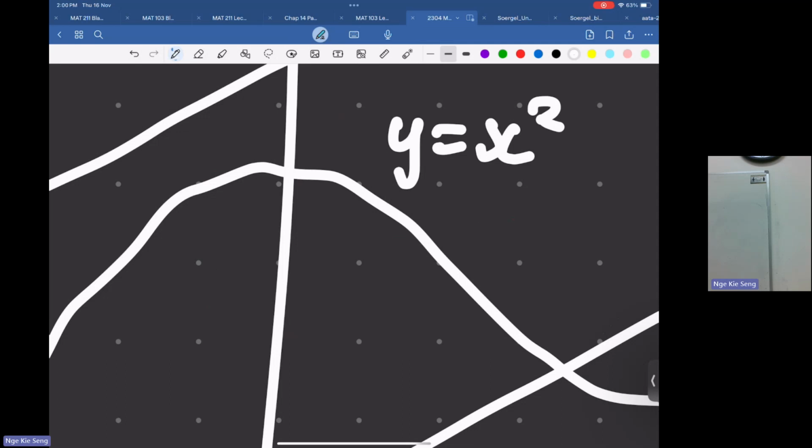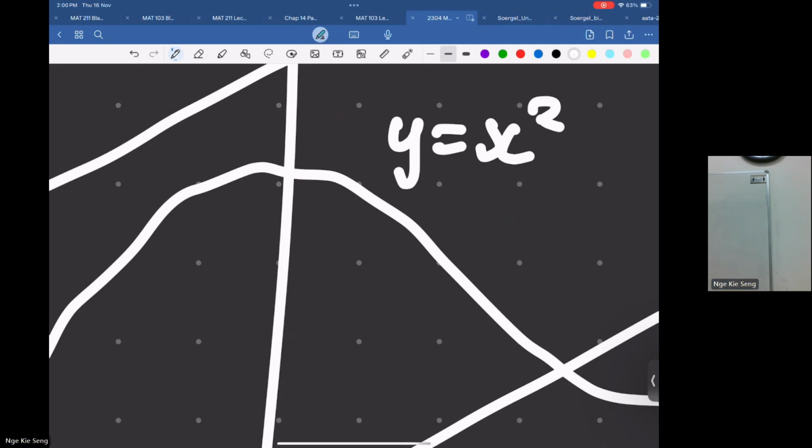If you want to describe this part, again you would use a two-variable function. But when we just focus on this point here, we can just use y equals x squared, for example. We have a curve here. I just make it the other way, for example.